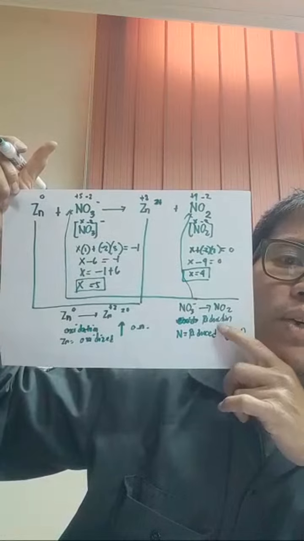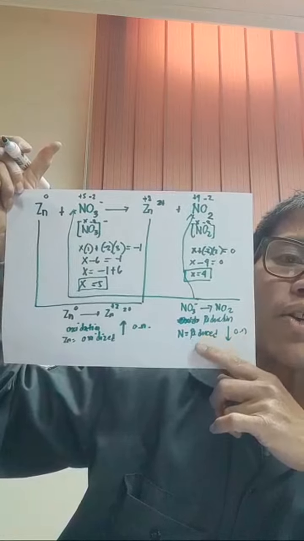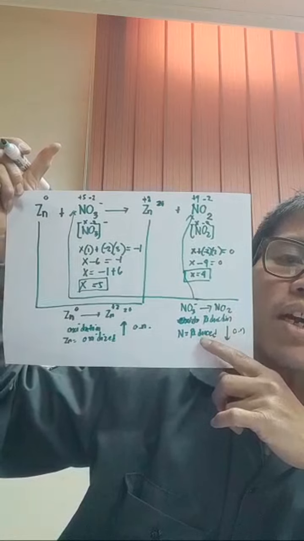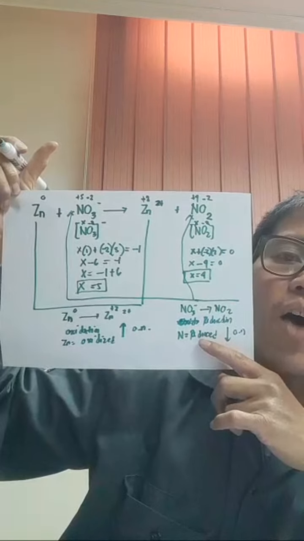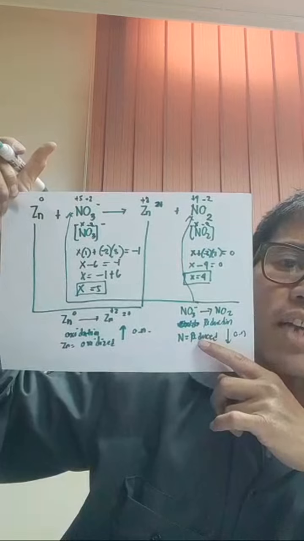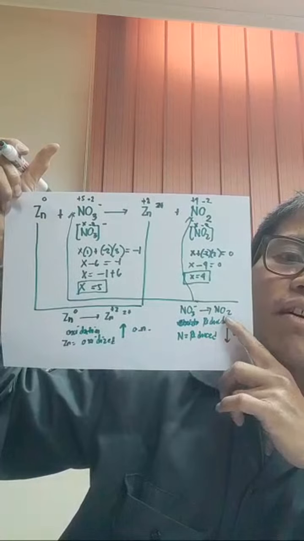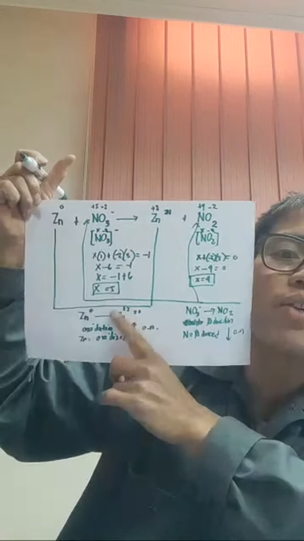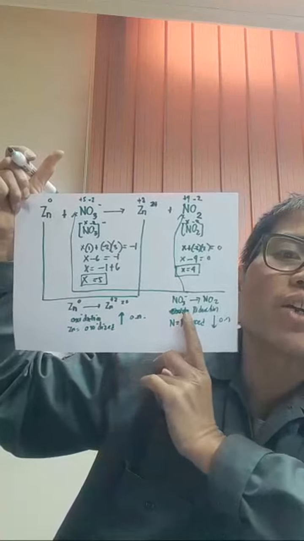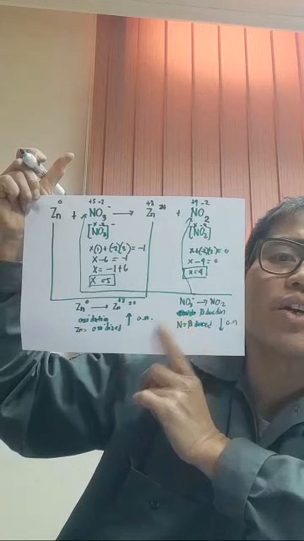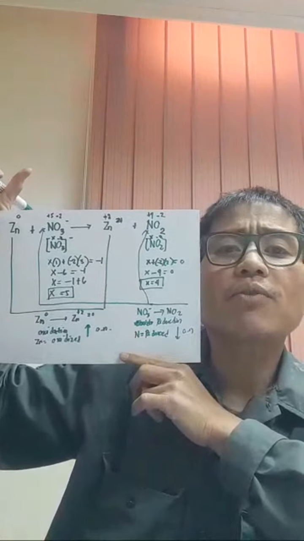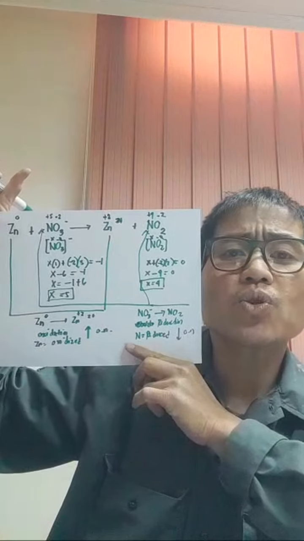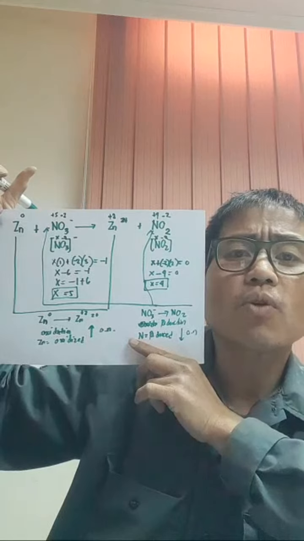So the process is reduction. So the nitrogen is being reduced, and therefore our nitrogen is the oxidizing agent. We will remember the equation of the oxidation and the equation of the reduction later. So this is the first step in redox in basic solution, determining the oxidation and reduction process.